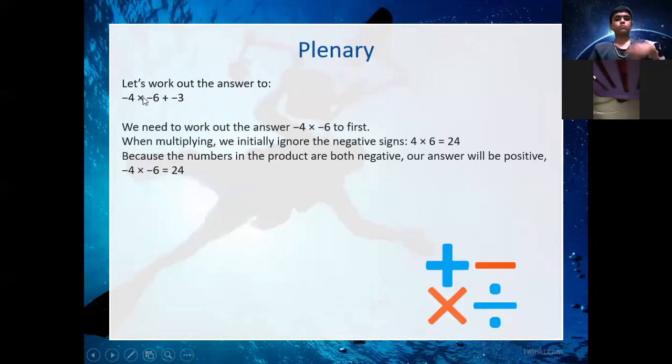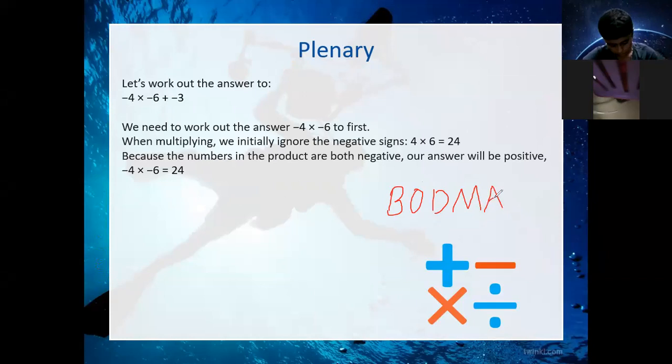Let's look at this question now. This time, a bit more. I hope you still remember your BODMAS. Do you still remember or not? The order of operations: brackets first, of, division, multiplication, addition, subtraction. So remember, if you see brackets, they come in first.